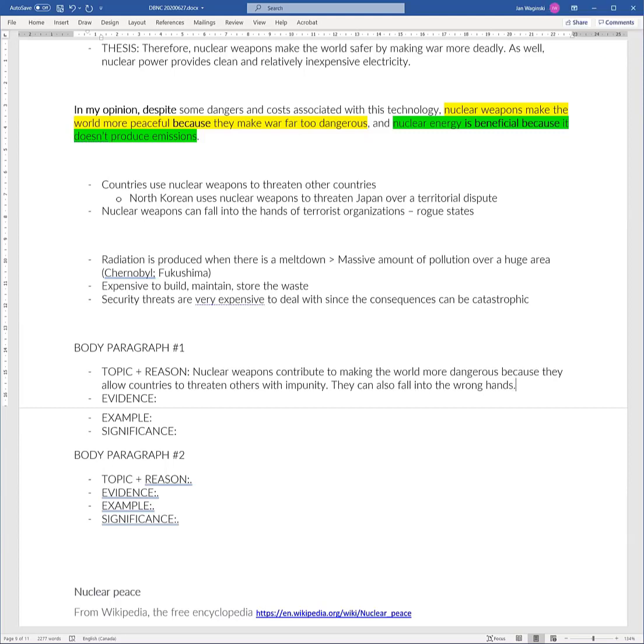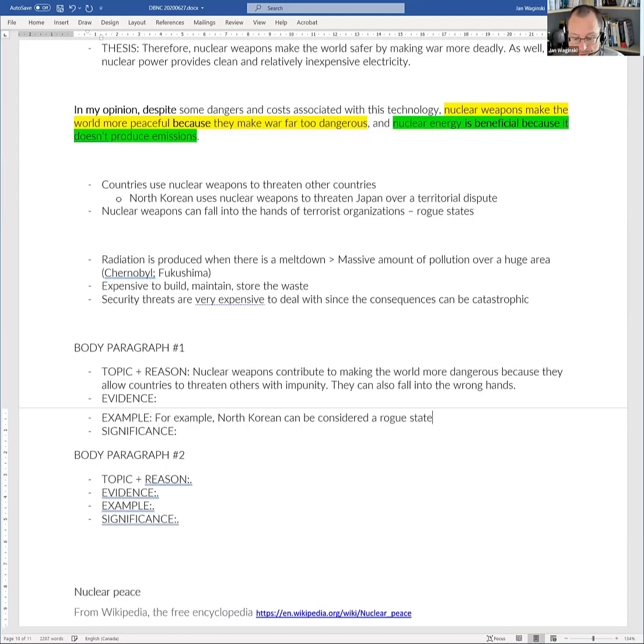Yeah, irrational, exactly. So we had this phrase: it can be considered a rogue state that doesn't care about the safety of the world or world people. Peace. Doesn't care about peace.